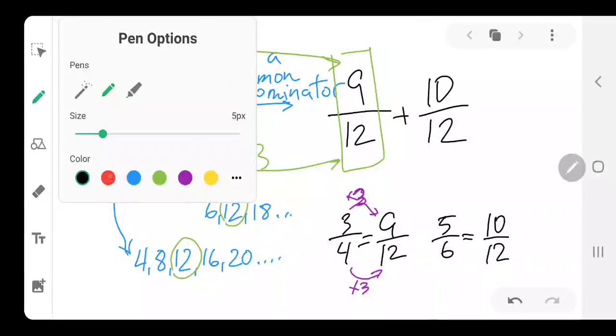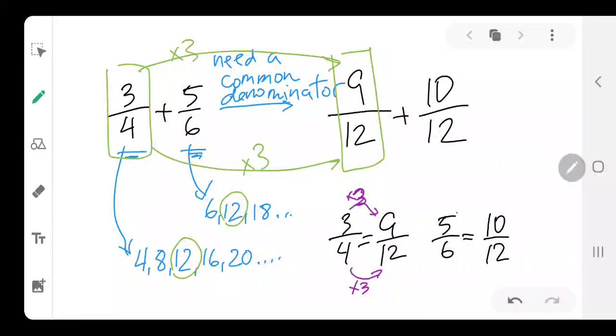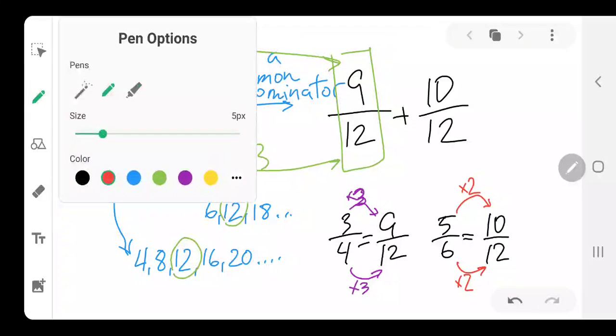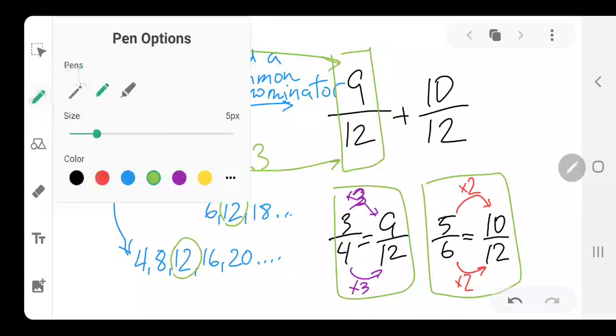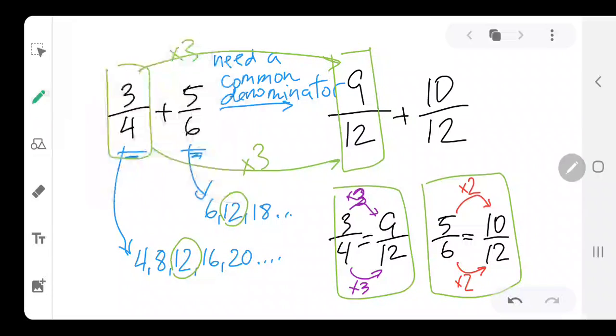And the factor that makes them equivalent is a factor of 2. Just like the factor of 3 made the first fraction equivalent, a factor of 2 makes the second fraction equivalent to a fraction over 12. And that's how we get both of these fractions as fractions of 12.